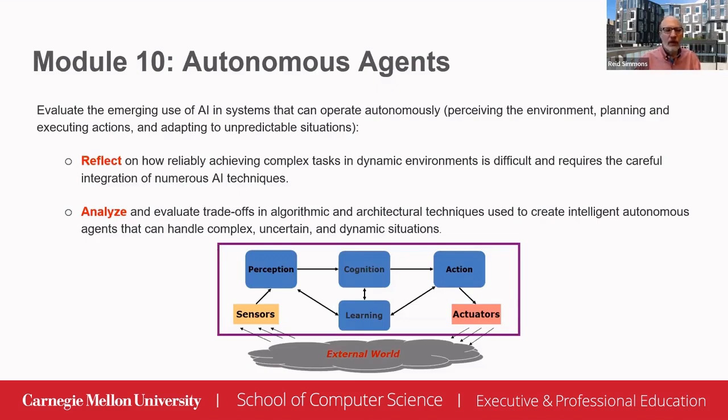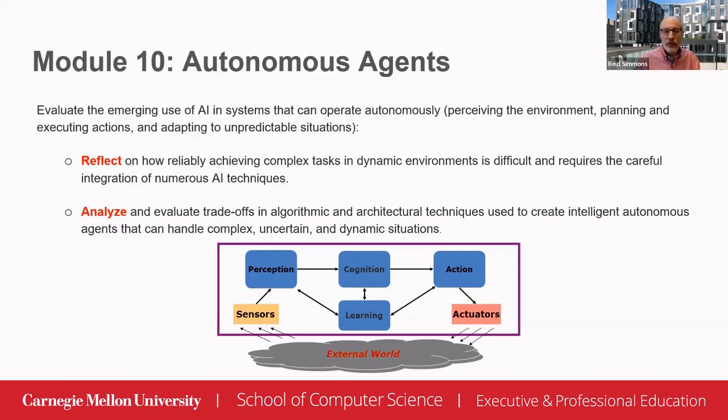Many of these are prime examples of autonomous AI systems where the system has to get sensor information in from the world. It has to manipulate that sensor data through perception algorithms.